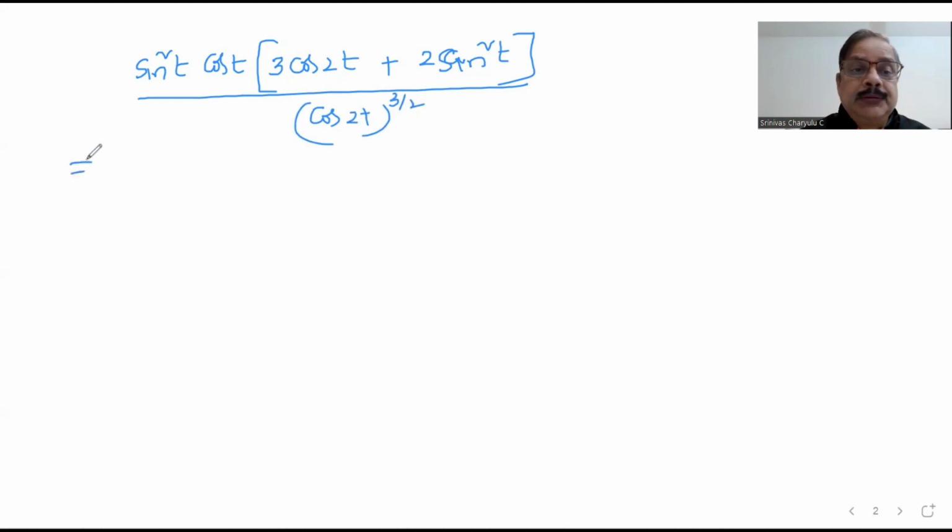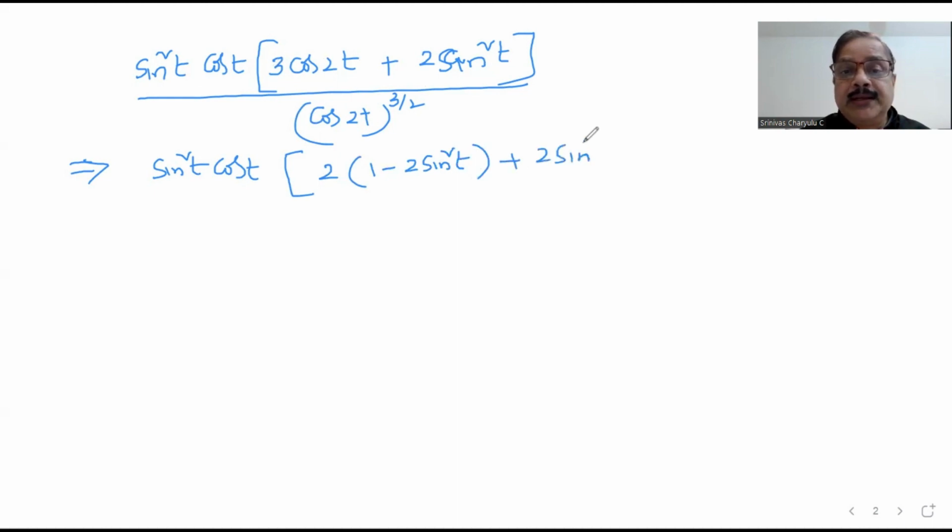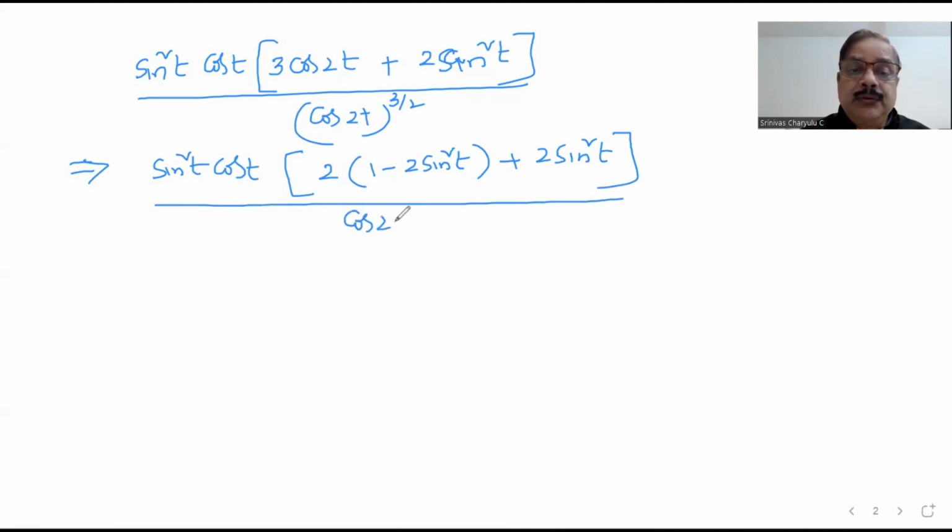So now this becomes sin square t cos t, do not disturb. 3 cos 2t. This you can write as 1 minus 2 sin square t, plus 2 sin square t as it is. Entire thing divided by cos 2t whole to the power of 3 over 2. So this will become now sin square t cos t, open the bracket.